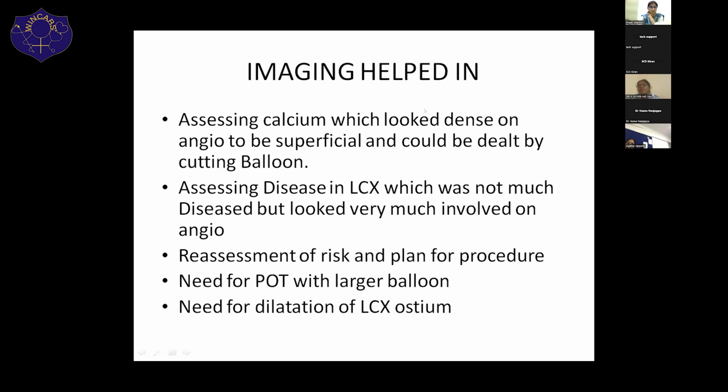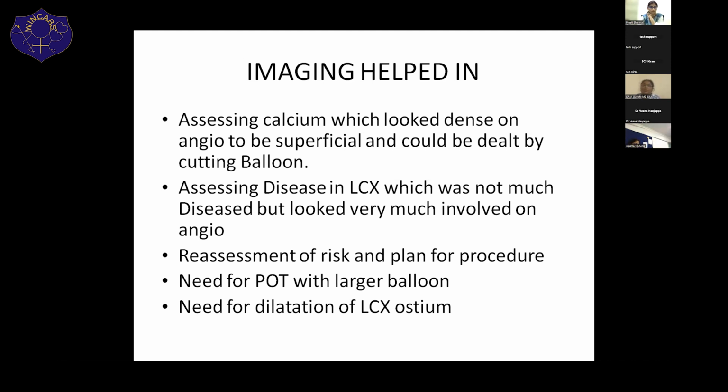So without imaging, we would not have attempted this case, especially in our center. Even transportation risk was there. IVUS helped us in detailing the lesion. We could rule out LCX ostium involvement, and we could rule out much calcium presence.